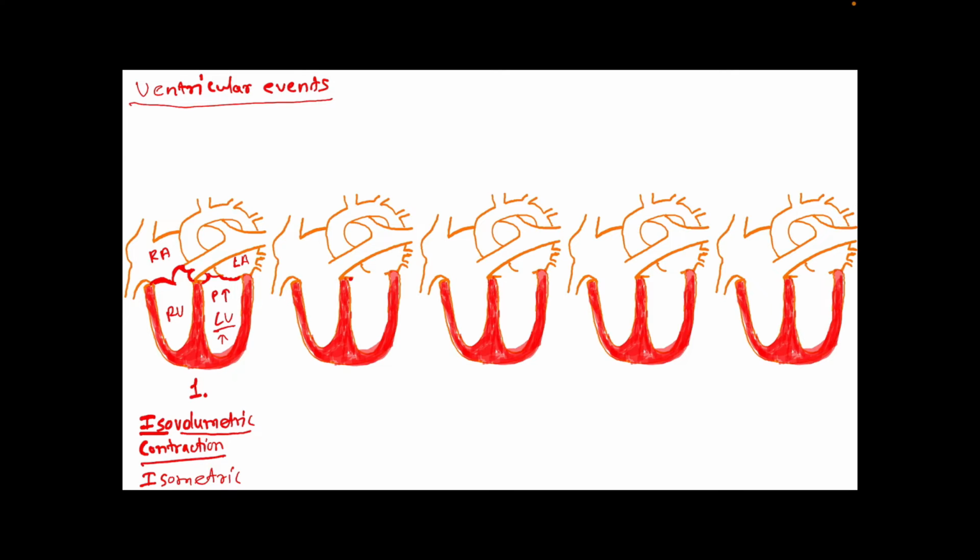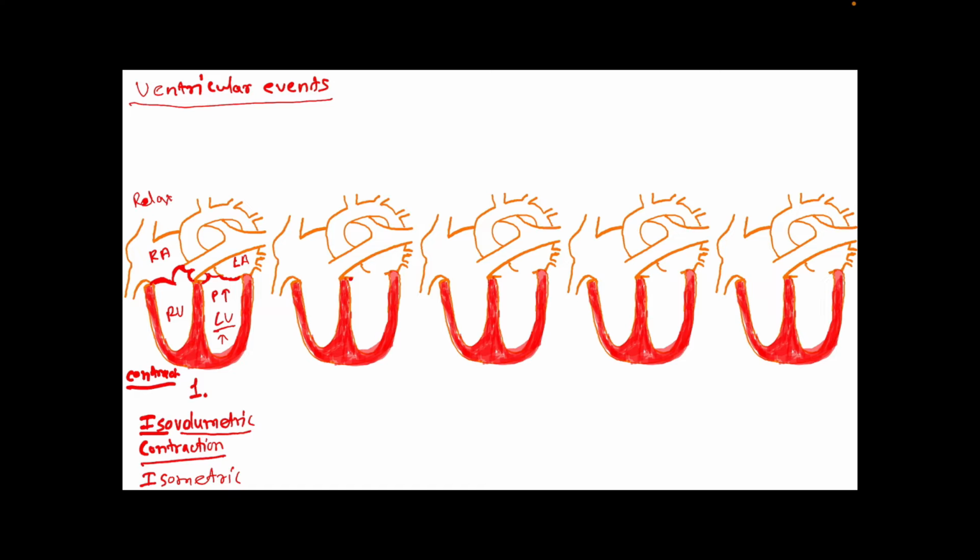Now this opening of the semilunar valve basically starts the ejection phase. In the isovolumetric contraction phase, the atria are relaxed, and the ventricles are in a phase of contraction. So ventricles contract and atria are relaxed.